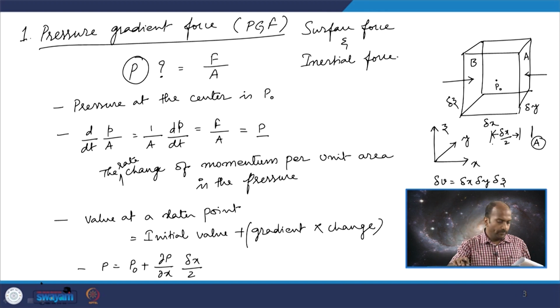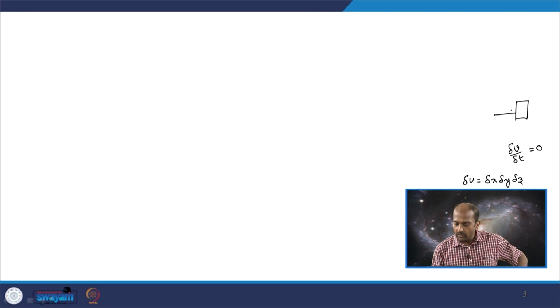So, in that way, equilibrium can exist as long as the volume that you have taken, delta V, which is written as delta x, delta y, delta z. If you want delta V by delta t to be 0, you would require that an equal amount of pressure acts from the outside and the inside.